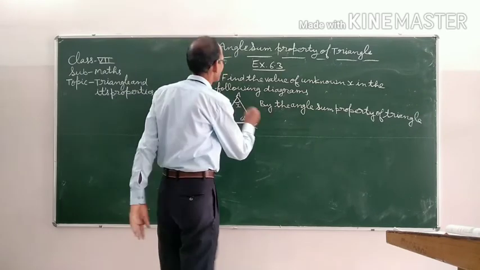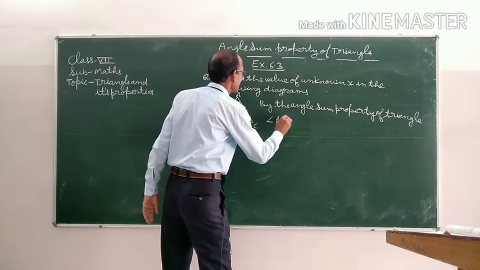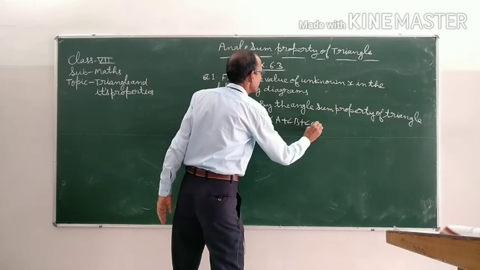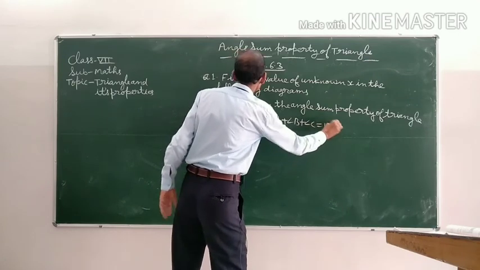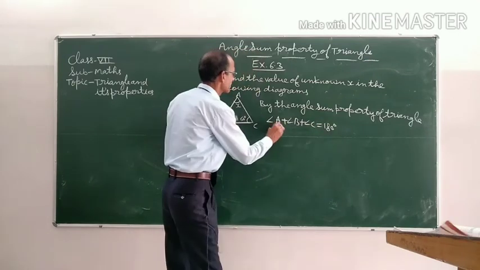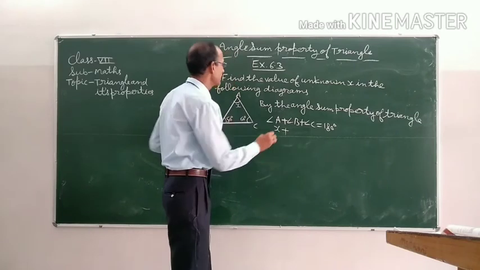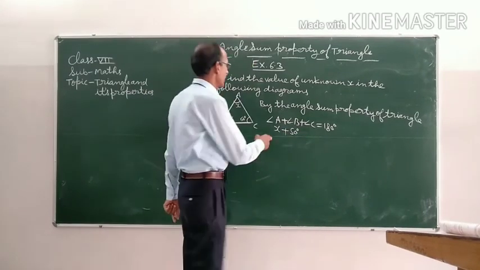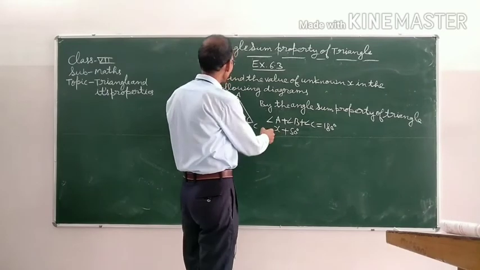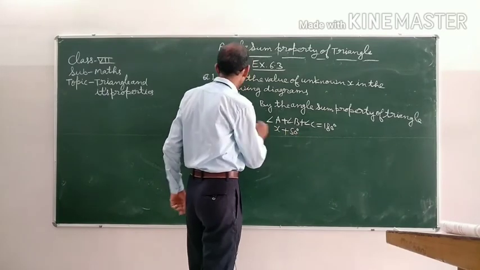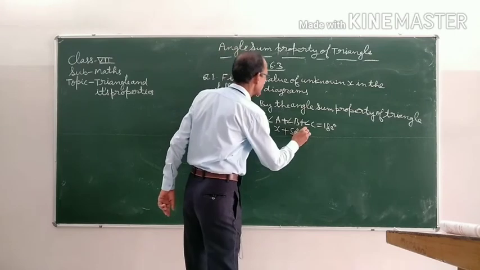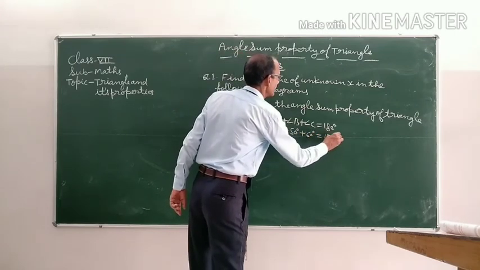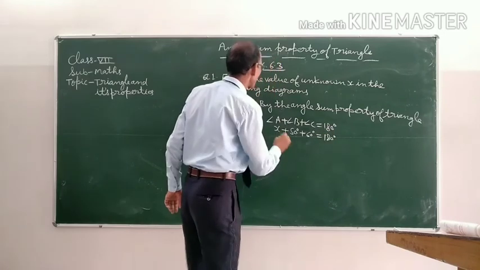So we can write angle A plus angle B plus angle C is equal to 180 degree. Angle A is x, angle B is 50 degree, and angle C is 60 degree, so x plus 50 plus 60 is equal to 180 degree. Okay?